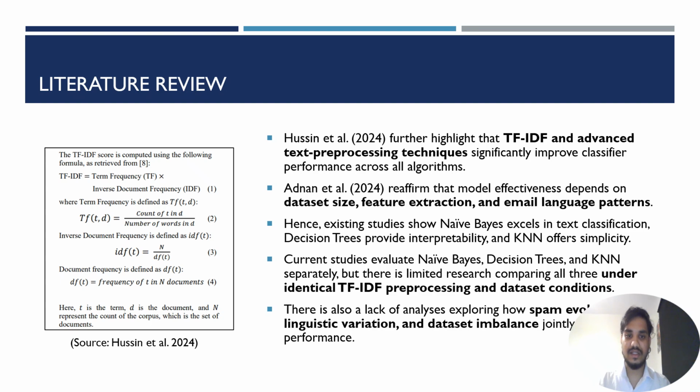The research gap exists in the form of limited research directly comparing Naive Bayes, decision tree and KNN using modern pre-processing techniques and current spam datasets under the same evaluation conditions.